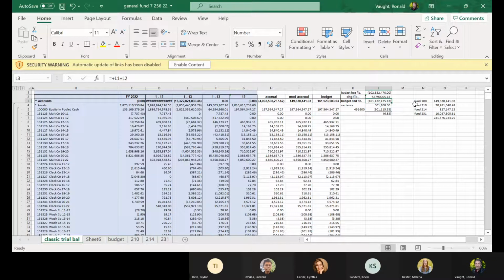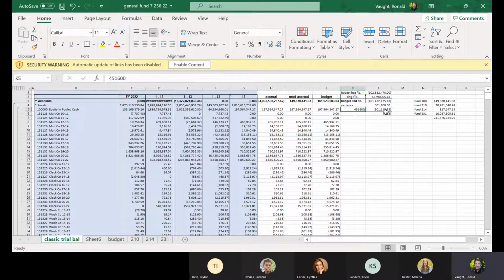So that suggests that budgetary fund balance should be 161 million 422. When you compare those two, there's a $500,000 variance. So for some reason, budgetary fund balance is not tying out to what the balance sheet said it should be. So I know I've got a problem.